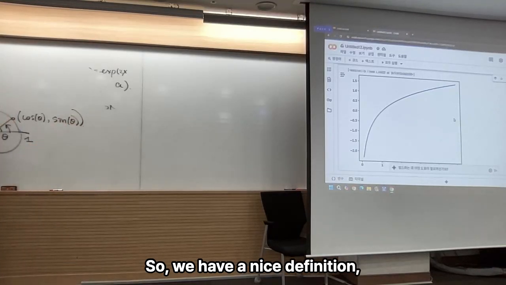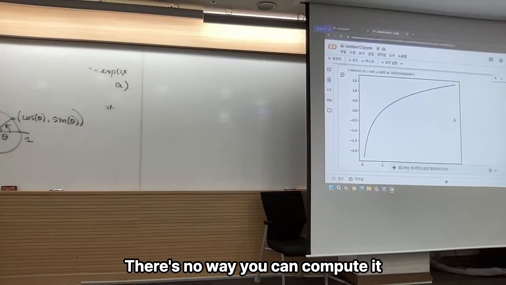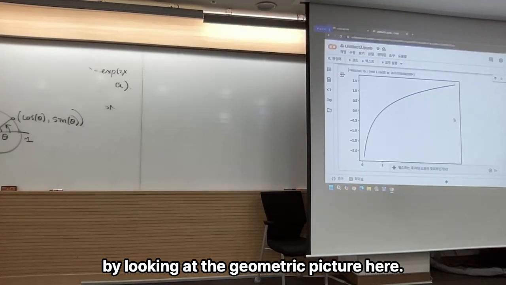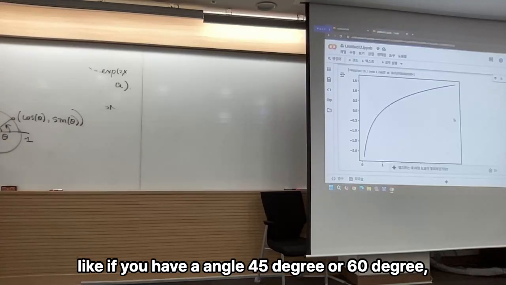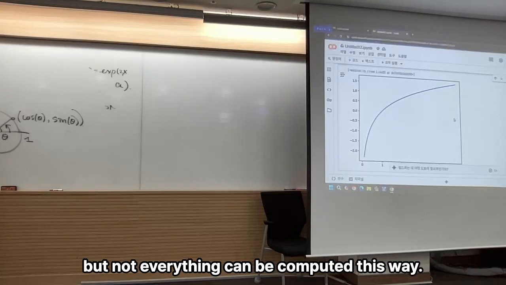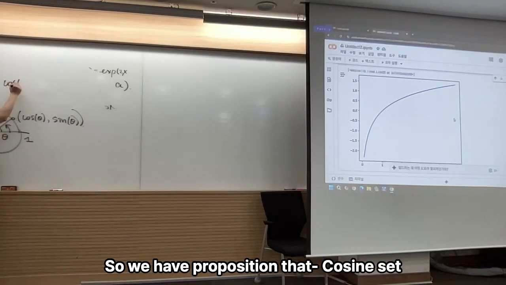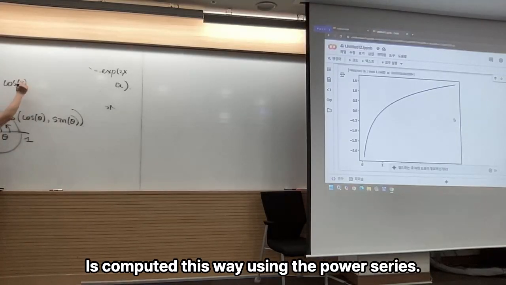So we have a nice definition, but the problem is how to compute this cosine and sine. There's no way you can compute it by looking at the geometric picture here. In certain cases, like if you have an angle of 45 degrees or 60 degrees, you can compute some of them, but not everything can be computed this way. So we have a proposition that cosine theta and sine theta, let's use x instead, are computed this way using a power series.